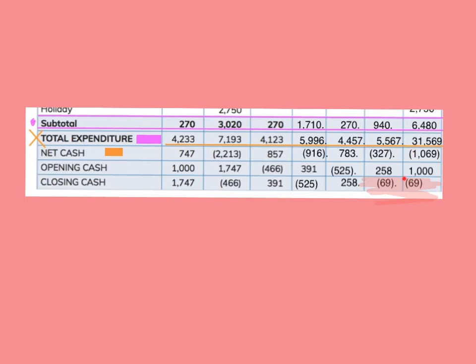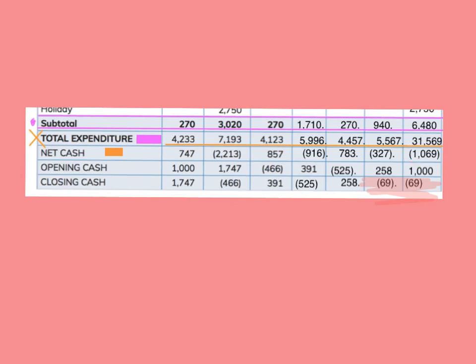Now, for this column here, remember, this is my totals for all of these months, okay? So remember, we had the net income up the top, way up there, and then we had the total income and then total expenditure. And I took one from the other and I got this negative number, minus 1069. Okay, so that's over the whole 6 months.